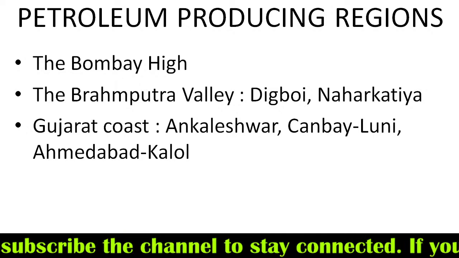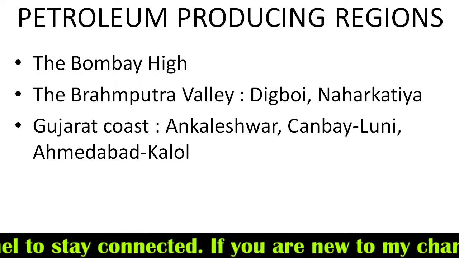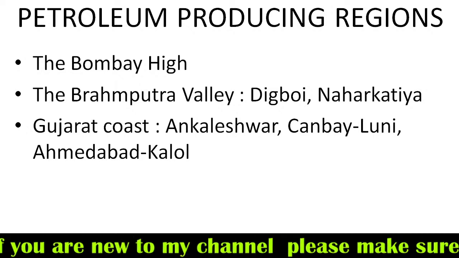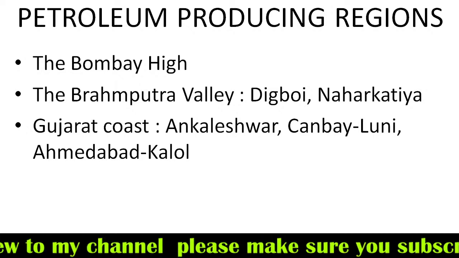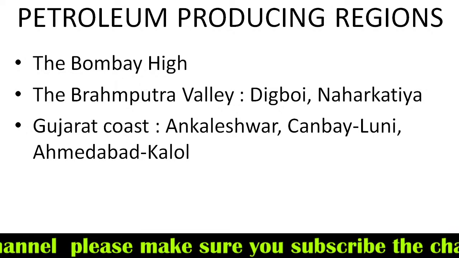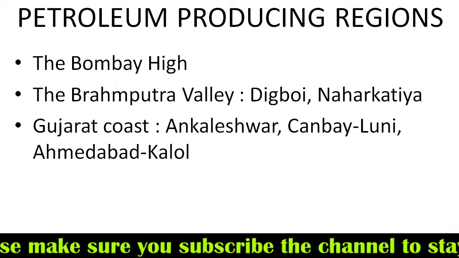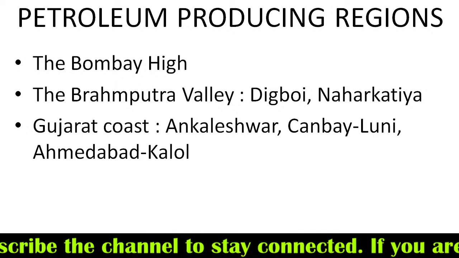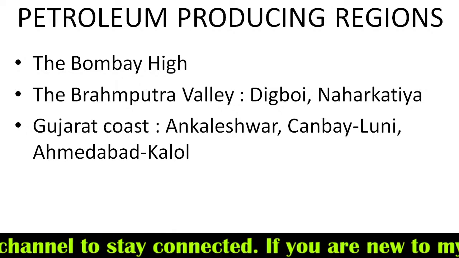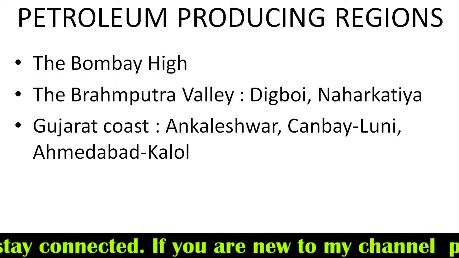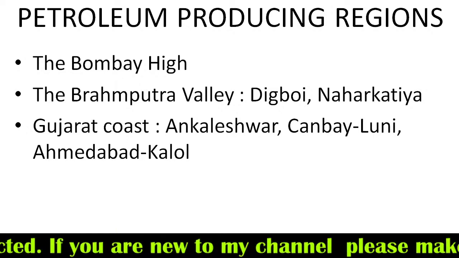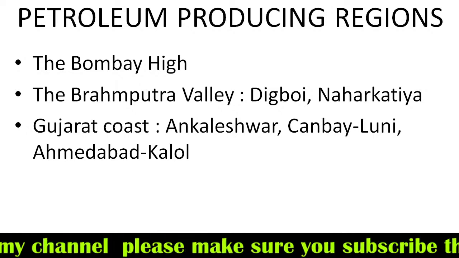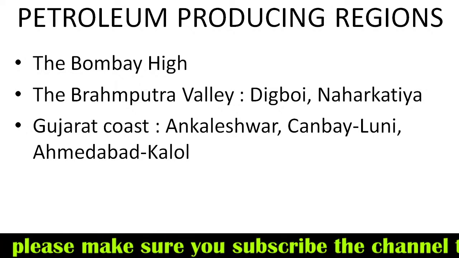And oil from here is sent to Trombay and Koyali for refining. Natural gas obtained from here is sent to Vadodara and Uran thermal power stations. Cambay, Loni, Ahmedabad, Kalol region also is in the oil producing region.